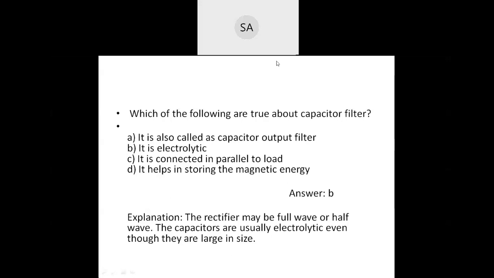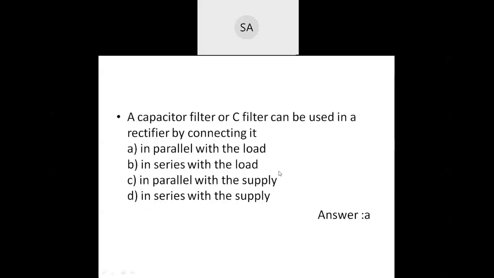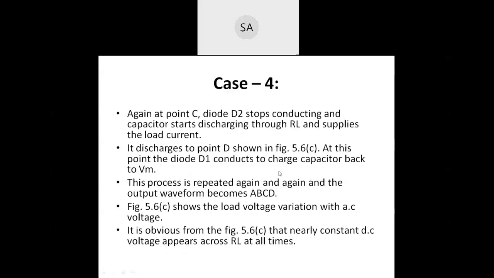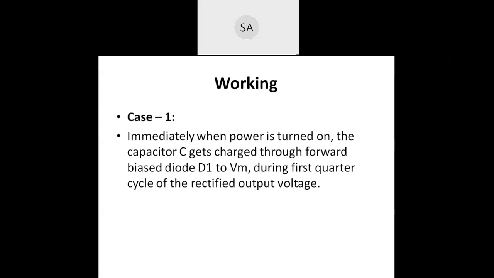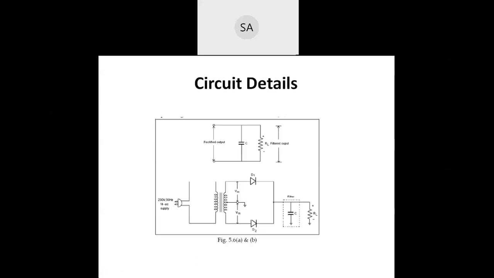And we discussed the working of the capacitor filter, which is connected in shunt across the load, between the output of the rectifier and the load. During the positive half cycle, the capacitor will be charged.